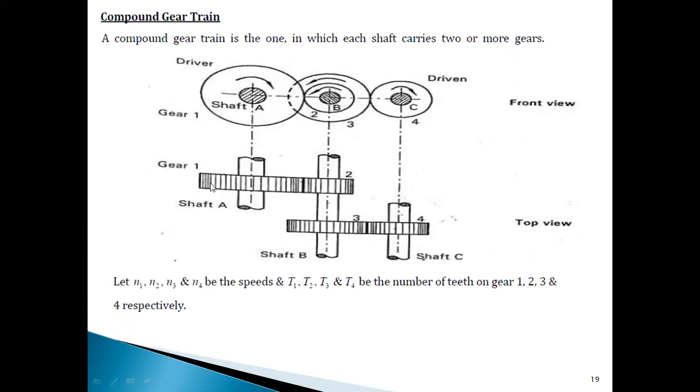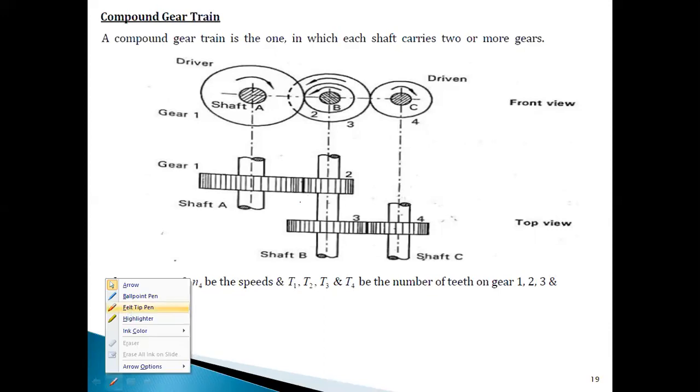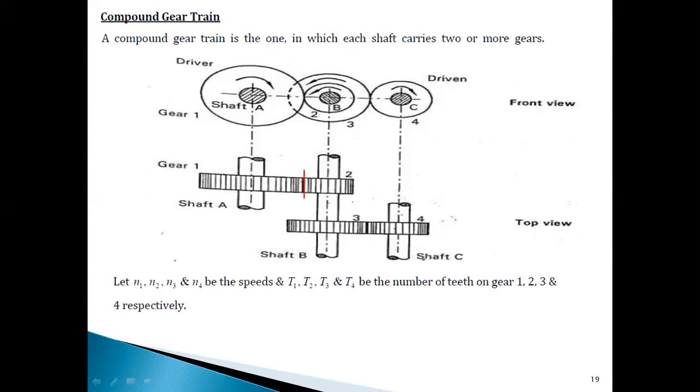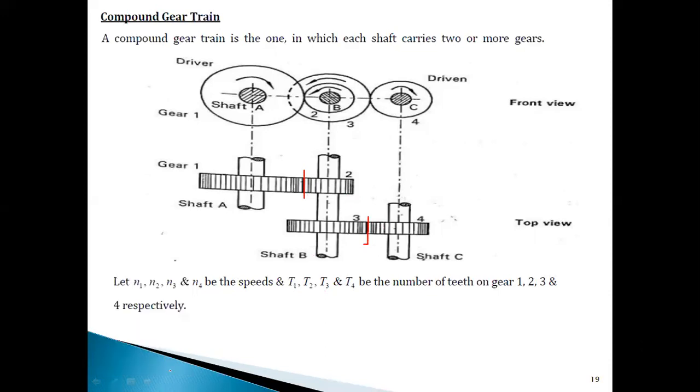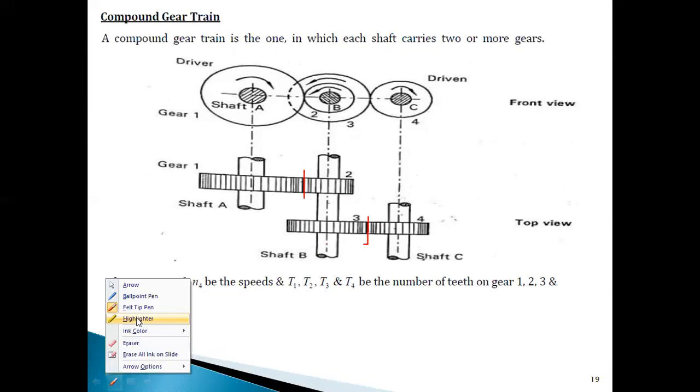But that mechanism you can understand directly in the top view. In the top view, you can see gear 1 is meshing with gear 2 at this particular point. Similarly, gear 3 is meshing with gear 4 at this particular point. But what about gear 2 and gear 3? They are both present on the same shaft itself.